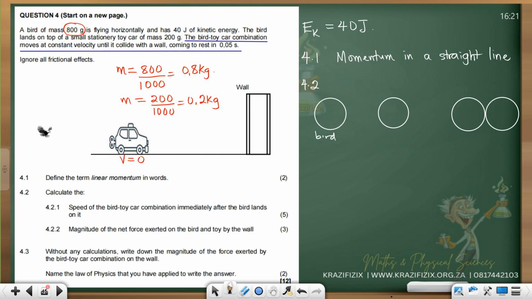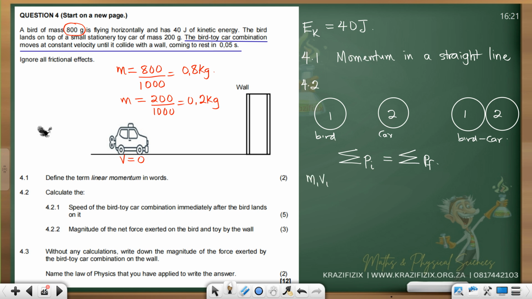So this is the bird, this is the car, this is the bird car. Each of them, let's call this 1, 2, will have its own momentum. So we would say sum of initial momentum. We did this in maths called sigma. But let's break it down further.